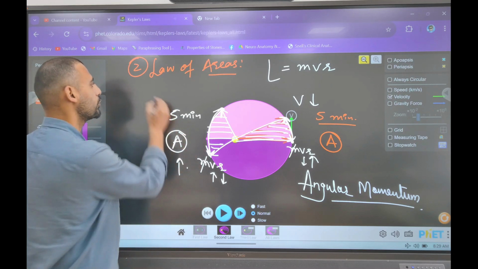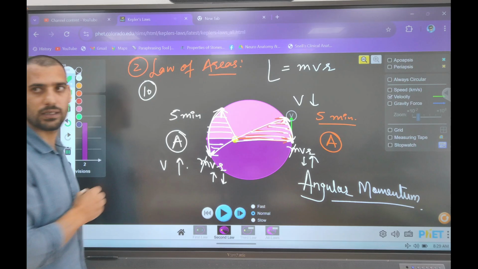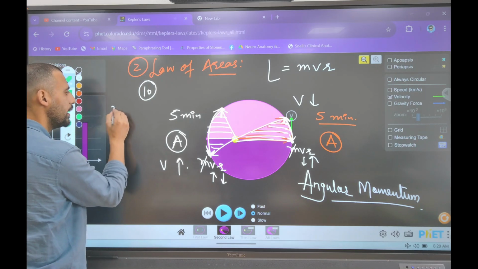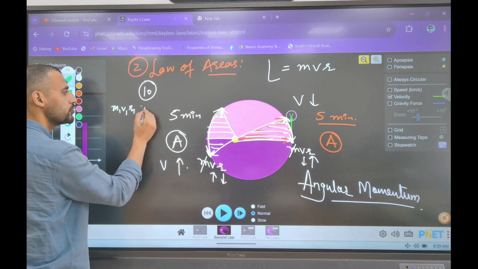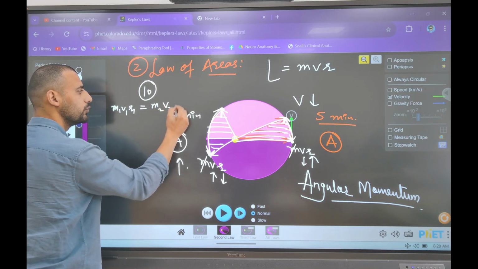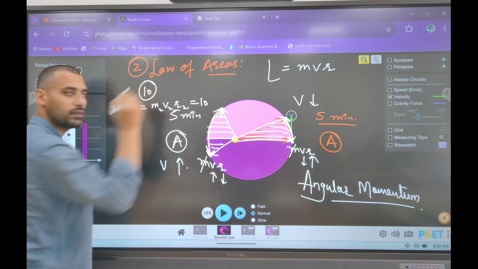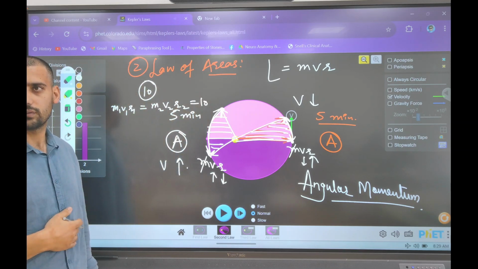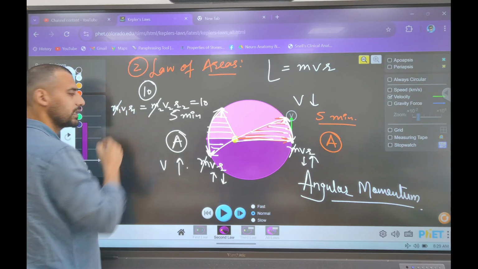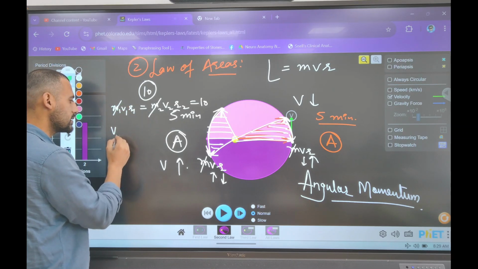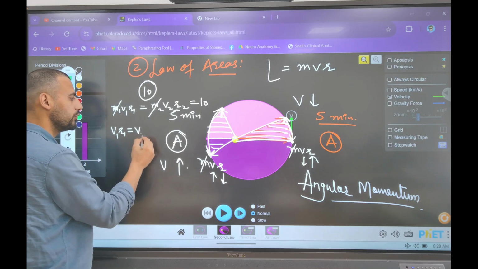For example, the product is 10. So that means M1 V1 R1 should be equal to M2 V2 R2, which should be equal to 10, for an example. Now because mass is same, it will get cancelled. So therefore we can say V1 R1 should be equal to V2 R2.